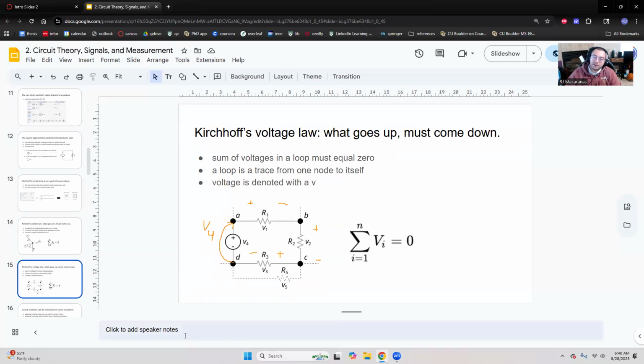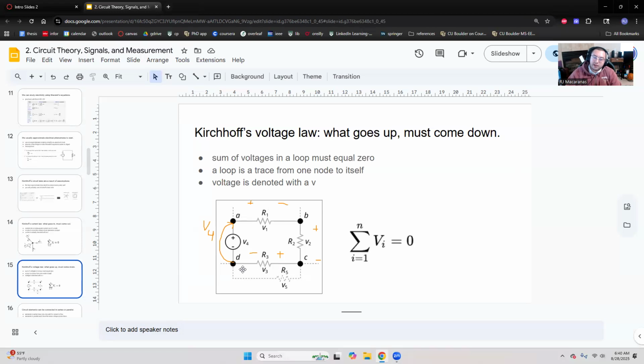And so in this case, voltage is defined between 2 points in the circuit. We call them two nodes. And so in this case, this voltage source with voltage V4 is defined between node A and D. And so we have a voltage of V4 between those 2 points.